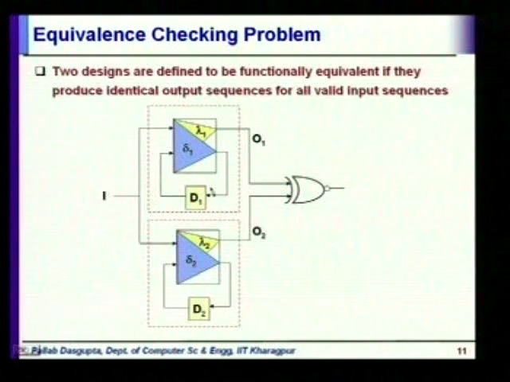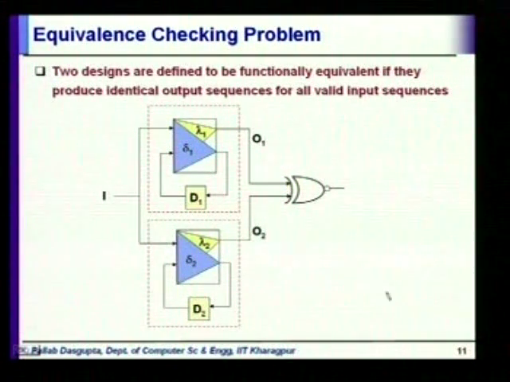So I can look at this as follows: each sequential circuit consists of some combinational logic and some delay elements. D1 is a set of delay elements which belong to the first circuit, and this is the combinational logic for that circuit. This is the other sequential circuit, which has D2 as the set of delay elements, and these are the combinational logic.